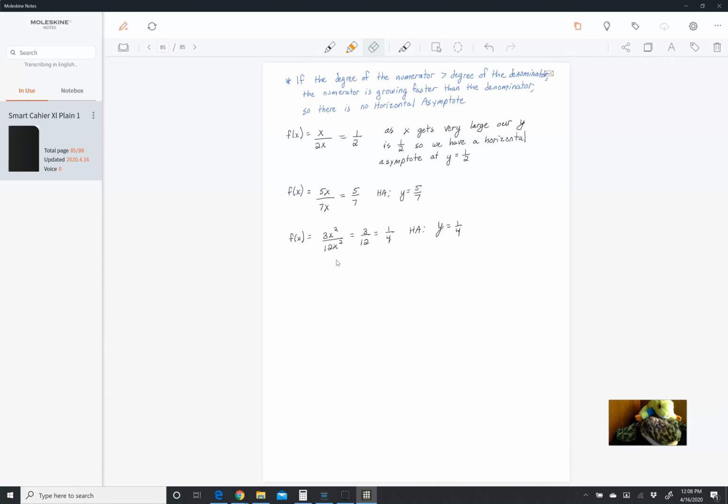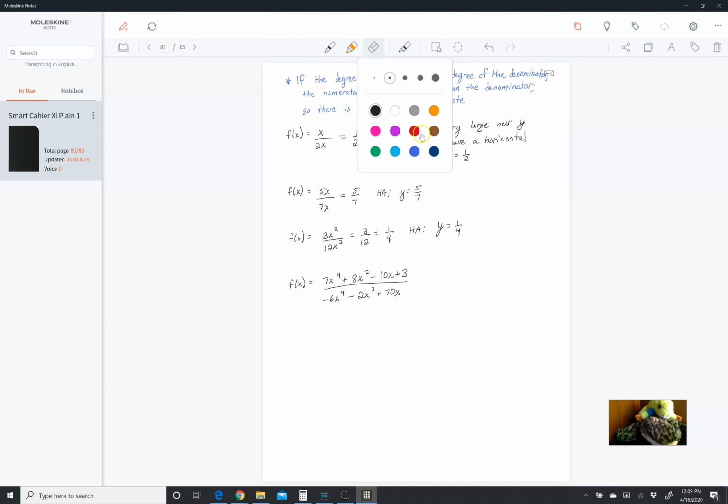And if we look at it where we have other terms, let's say that we have 7x to the 4th plus 8x squared minus 10x plus 3 over negative 6x to the 4th minus 2x cubed plus 70x. Okay. Notice what happens again.